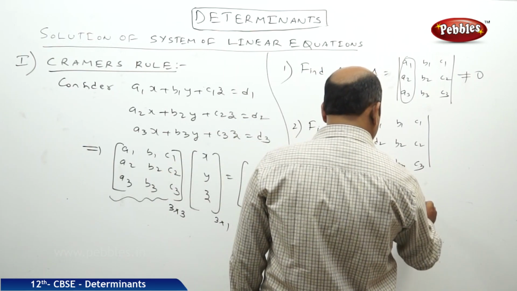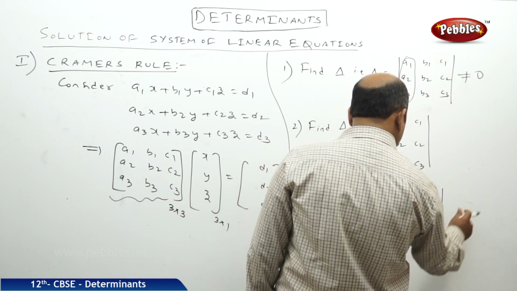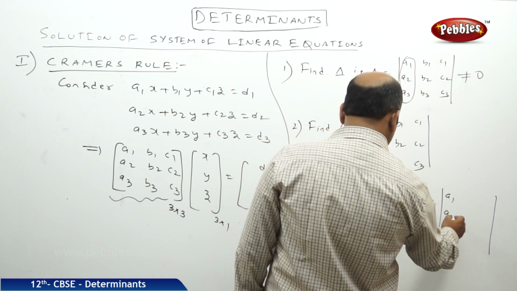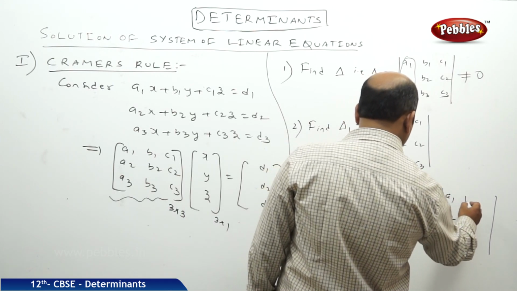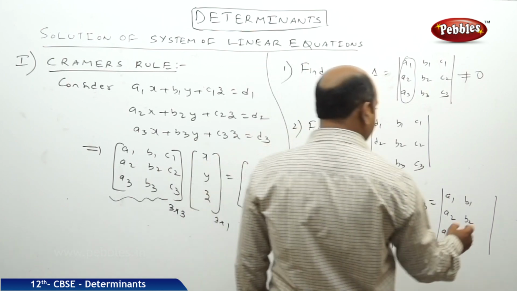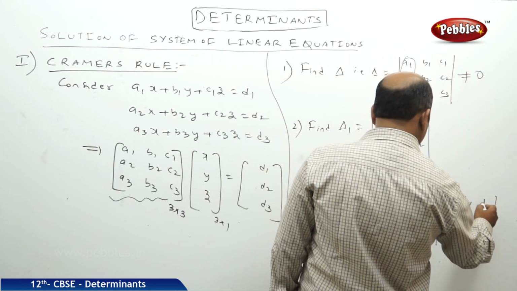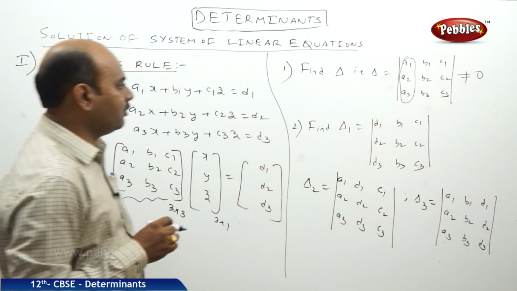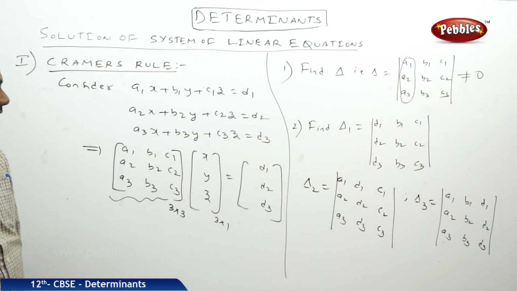And later I need to find delta 3. In delta 3 we keep a1, a2, a3, b1, b2, b3, and the last column is replaced by d1, d2, d3.